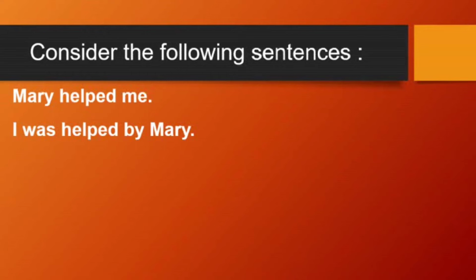In the sentence, Mary helped me, Mary, the subject, is the doer of the action. She does something. What does she do? She helps. Here, the verb helps says what the subject Mary does. In the sentence, I was helped by Mary, the subject I is the receiver of the action. Something is done to me.